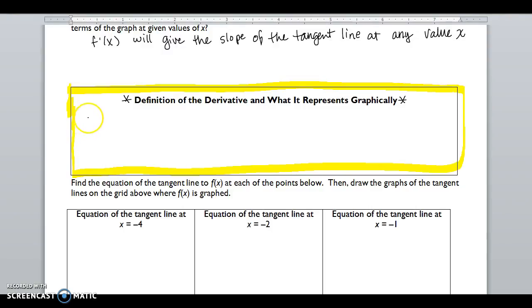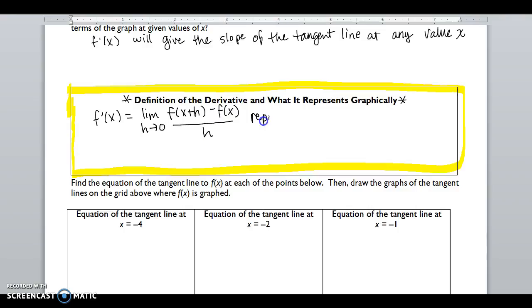So this is the definition of the derivative and what it represents graphically. So f prime of x, that's our derivative, is the limit as h approaches 0 of f of x plus h minus f of x, all over h.